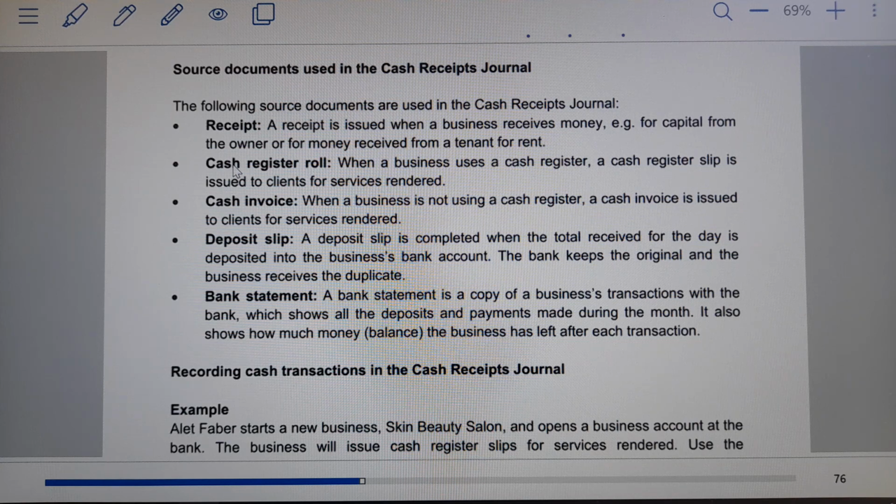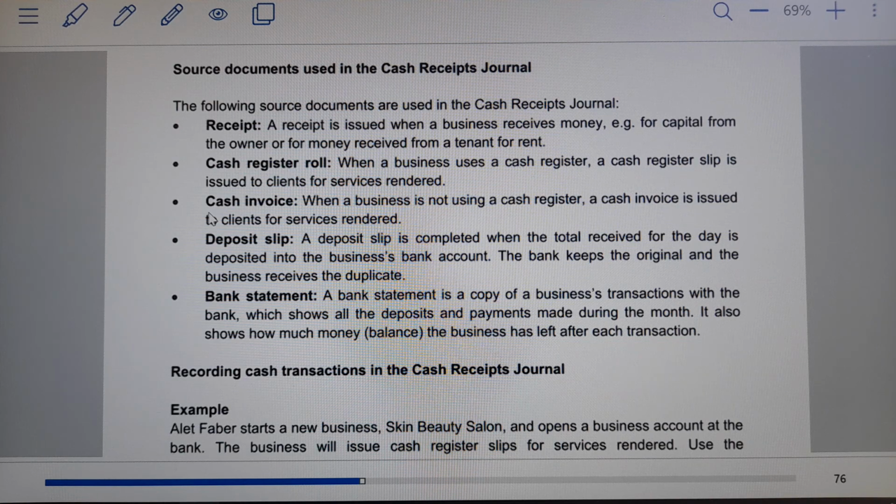Okay, and then we have a cash register roll, CRR. When a business uses a cash register, a slip is issued to the client for services rendered.